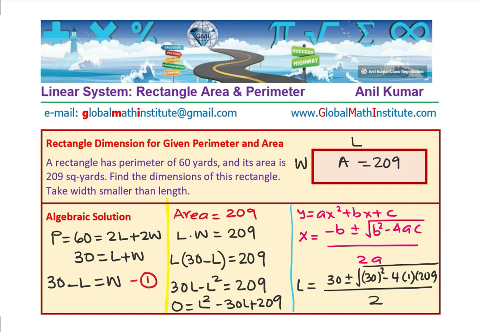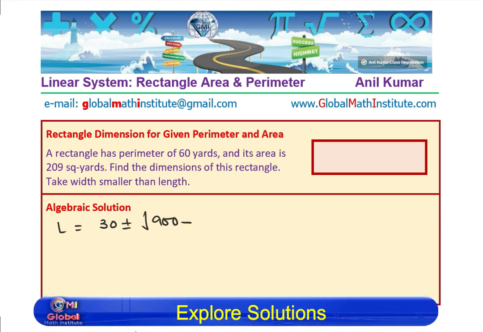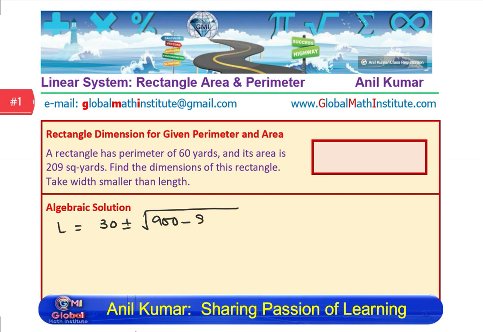Use your calculator, do this particular calculation. Perfect. What do you get? So let me take this on a new page. Basically, we came up with the length equal to 30 plus minus the square root of 30 square, which is 900, minus the term 4ac, so 4 times 209, which is 836, divided by 2, right?